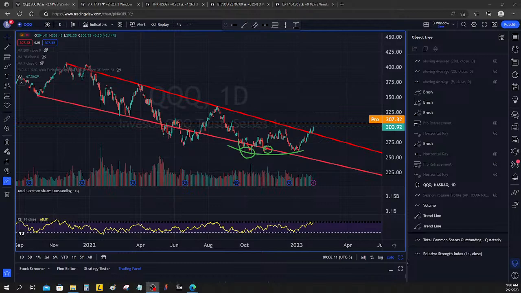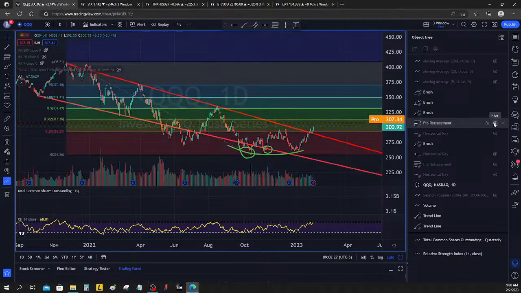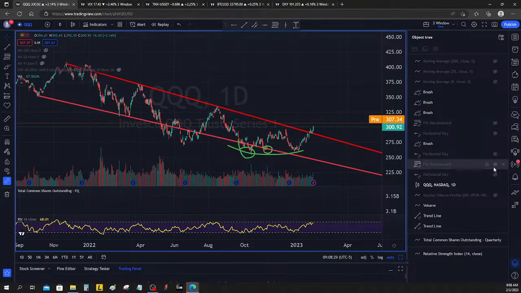Happy Groundhog's Day. The title of today's video is QQQ Short-Term Resistance at $313. Basically the way I got to that is I have two Fibonacci's on this chart right now.